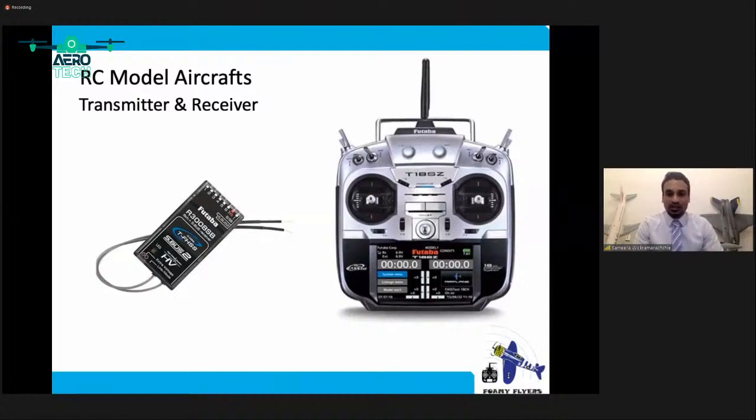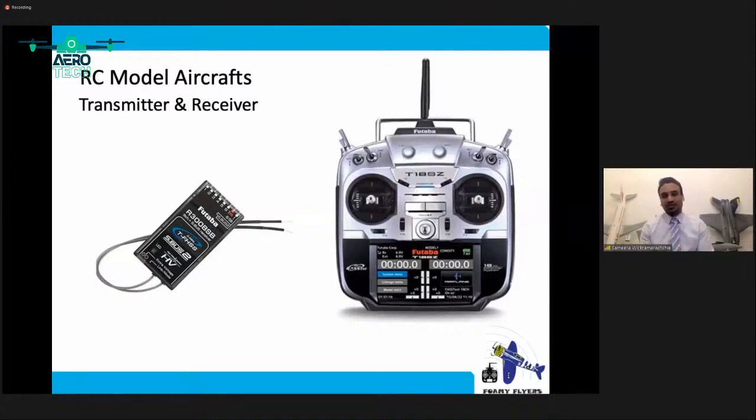Right. Let's get to transmitter and receiver again. I was saying that there are variants of things that you can buy, especially a radio, which should be a very reliable one. So you don't necessarily have to buy an individual radio for each aircraft model.